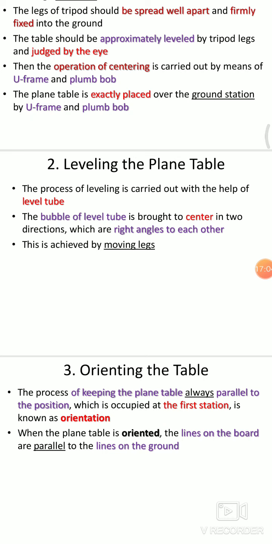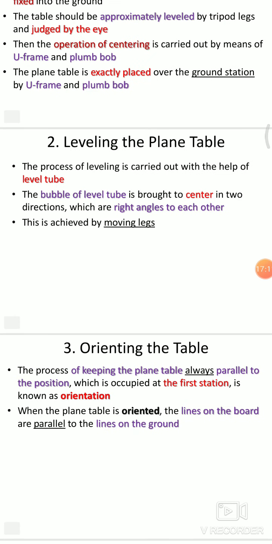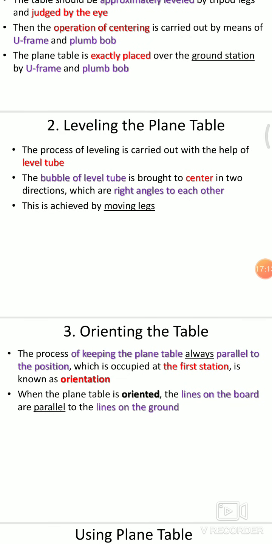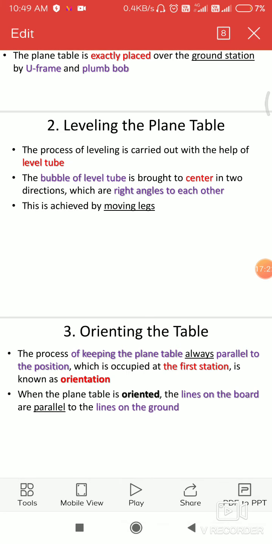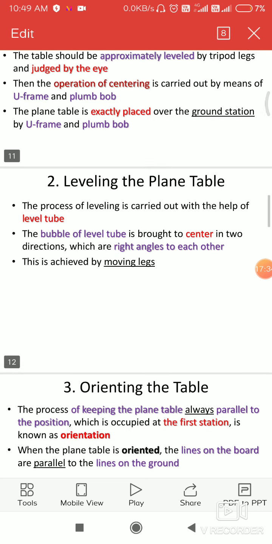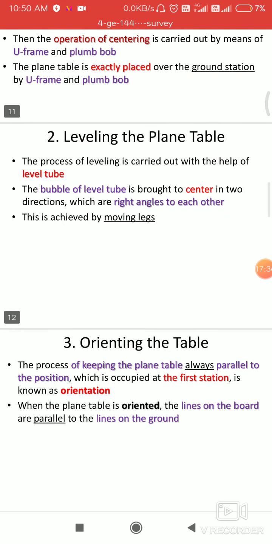The position of the water bubble of the level tube is checked, and the bubble of the spirit level is brought to the center by moving the legs of the tripod stand. The three legs of the tripod stand are moved forward or backward to bring the water bubble of the level tube to the center.